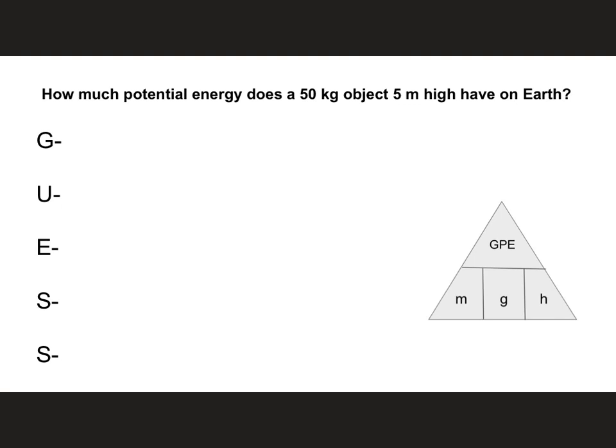Okay, let's look at our first example. How much gravitational potential energy does a 50 kilogram object 5 meters high have on Earth? We're going to use the GUESS method. With the GUESS method, G means given, so we need to write down all of the given information. I know there is 50 kilograms, which is a mass.